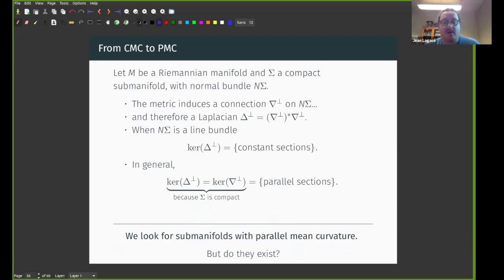So do these exist? Of course, submanifolds with parallel mean curvature do exist. In particular, with the round metric, my foliation by actual round spheres in the standard metric is an example. But given any metric, will I always be able to find such a submanifold?